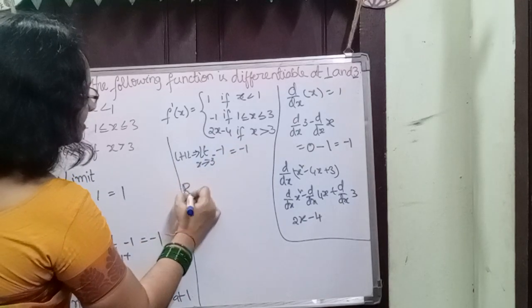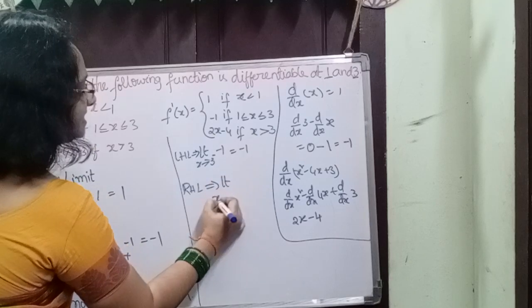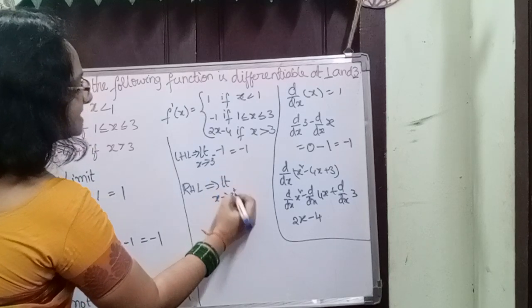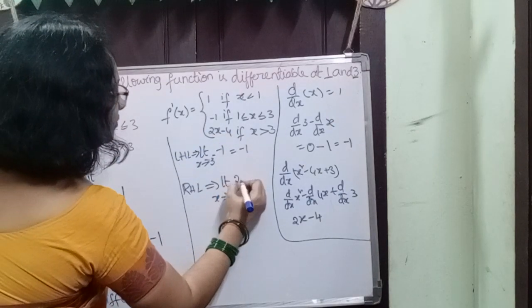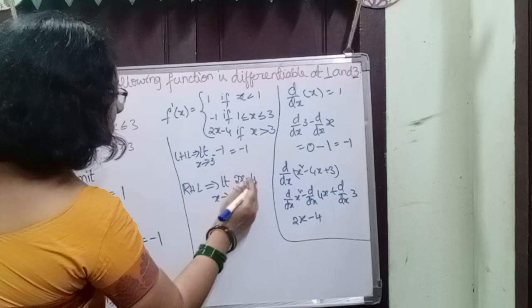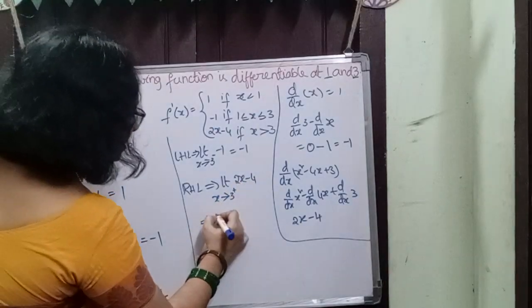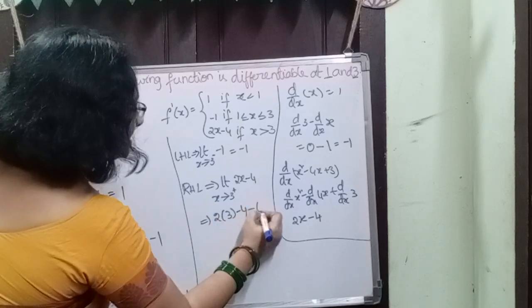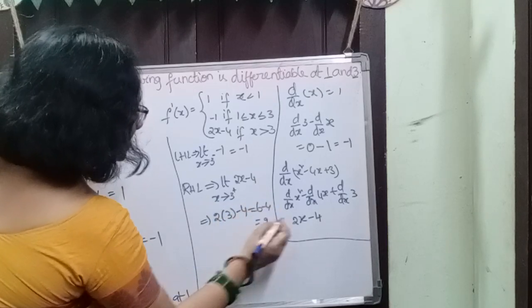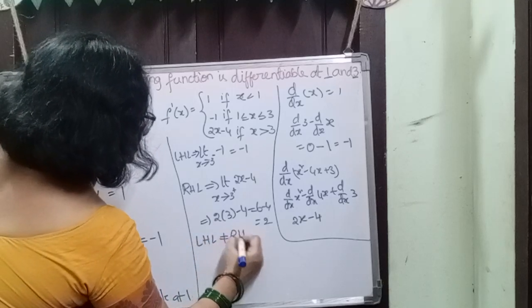Now coming to RHL, the right hand limit, which equals limit x tends to 3 plus, which are values greater than 3. That is 2x minus 4. Now substitute 3 in the place of x: 2 into 3 minus 4 equals 6 minus 4 equals 2. Here also LHL is not equal to RHL.